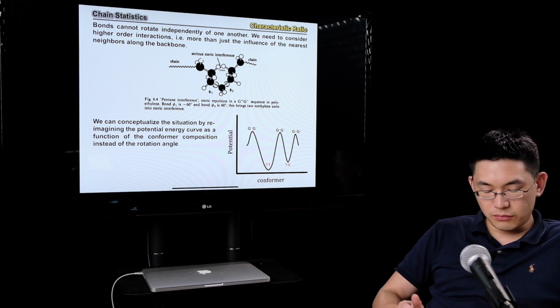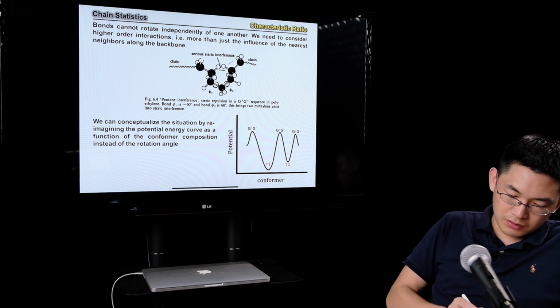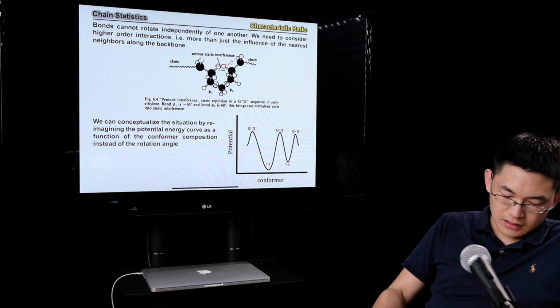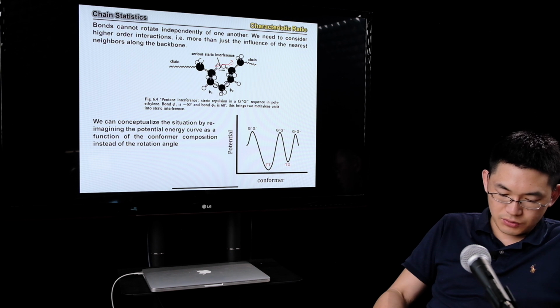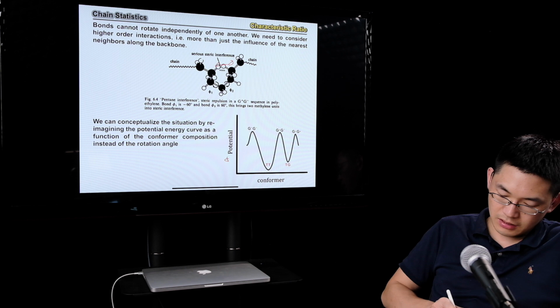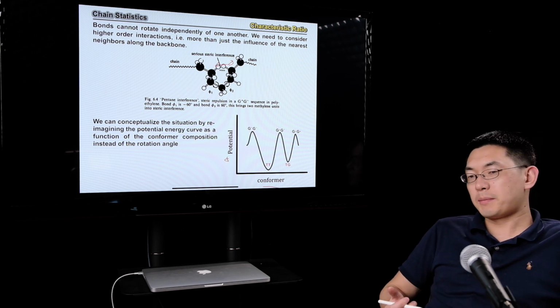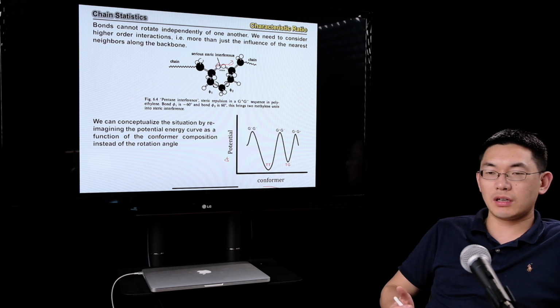But if you consider a more realistic model, then you have bond interference. What that means is your long-distance bonds will interfere with each other. This can sometimes be conceptualized into different energy potential states, as shown here. Not necessarily would you have just trans and gauche, because your chemical monomer structure gets more complex.